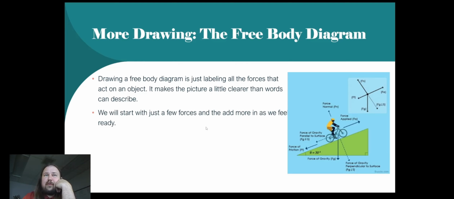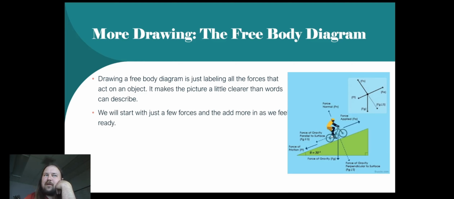When we draw out a free body diagram, it's just labeling all of the forces that an object would have, everything that acts on that object, and it's there to make it clear. Because a picture, I think, works a little better than words. Rather than having to continually reread the problem, to have a picture right in front of you is nice.